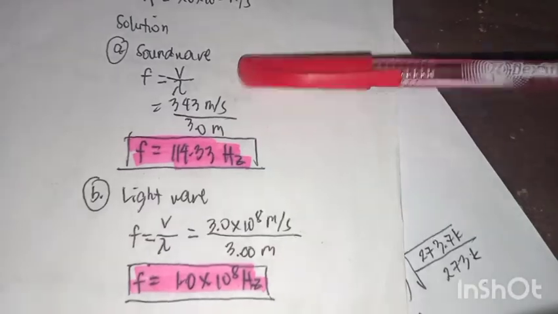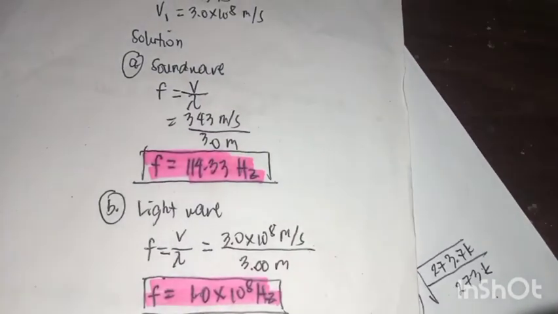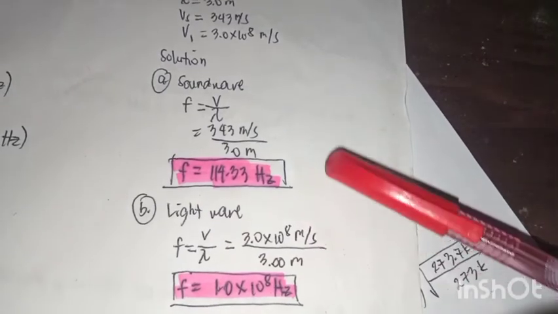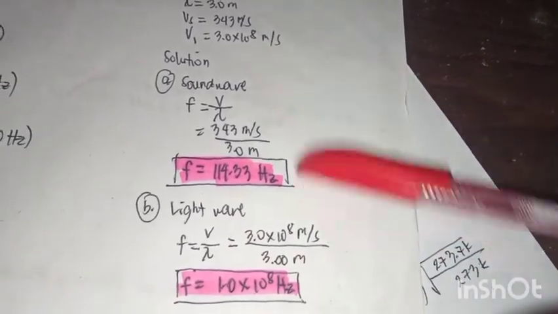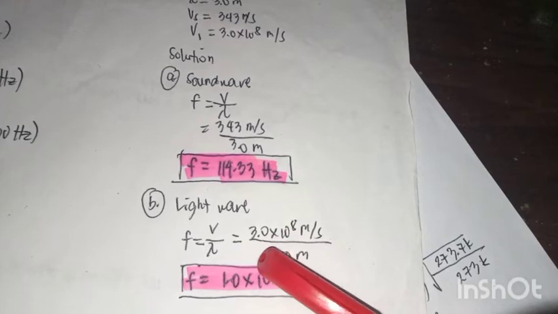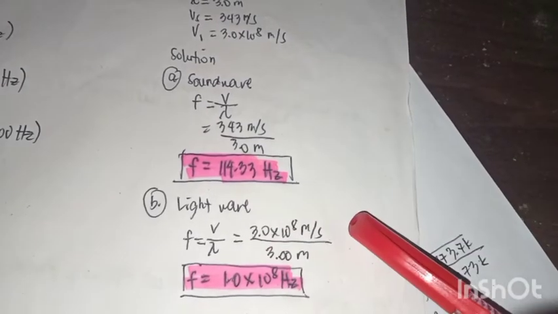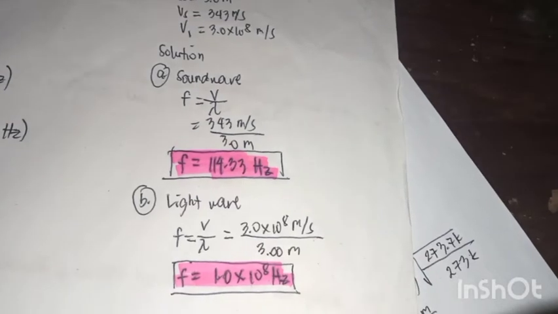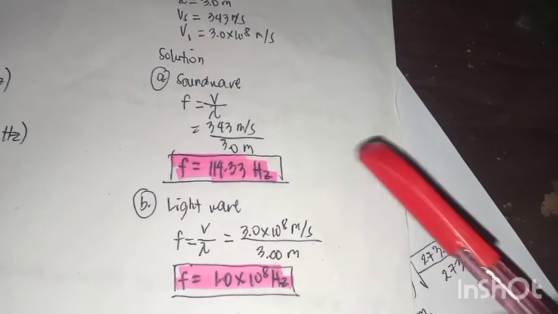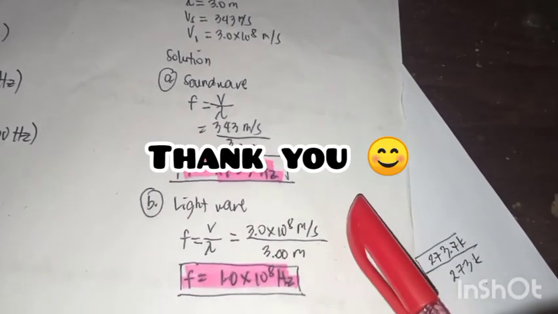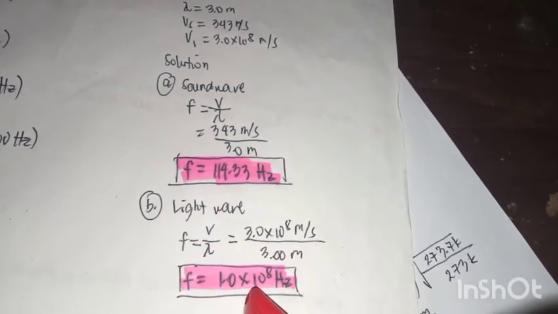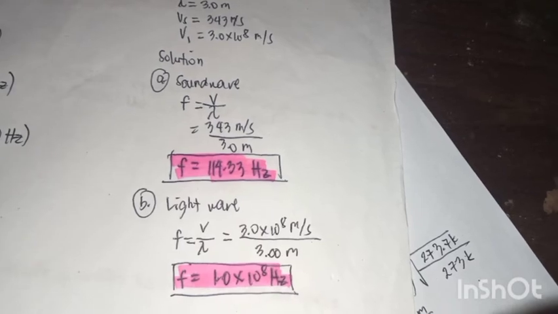So, for the light wave, same formula, we're just going to substitute the given values, which is 3.0 times 10 raised to 8 meters per second divided by 3.00 meters. So, input it again in the scientific calculator and the frequency is equal to 1.0 times 10 raised to 8 Hertz.